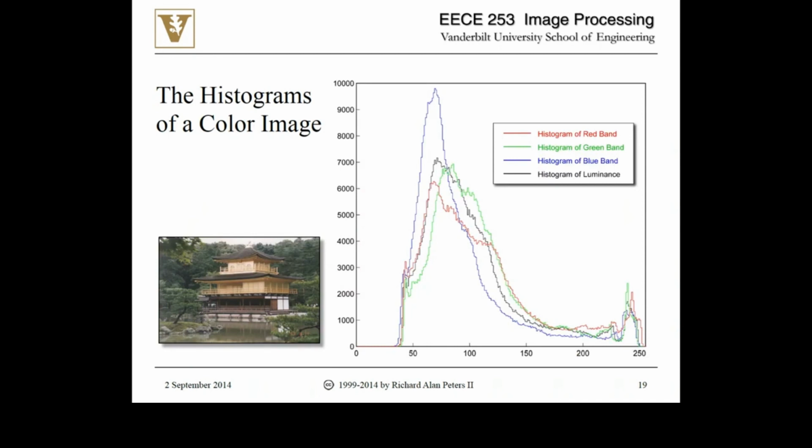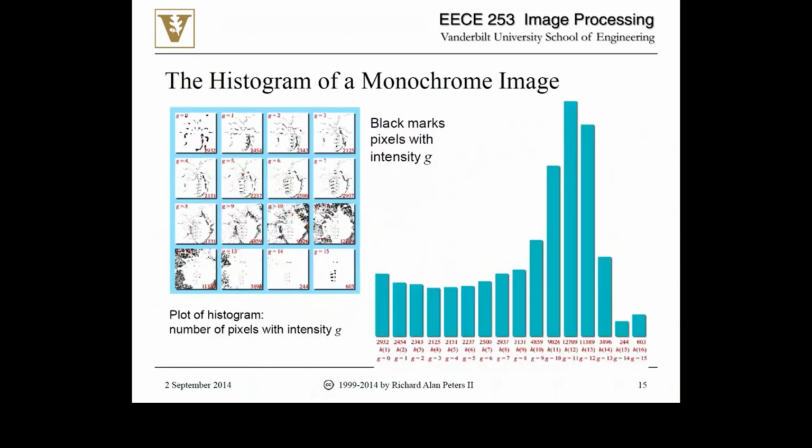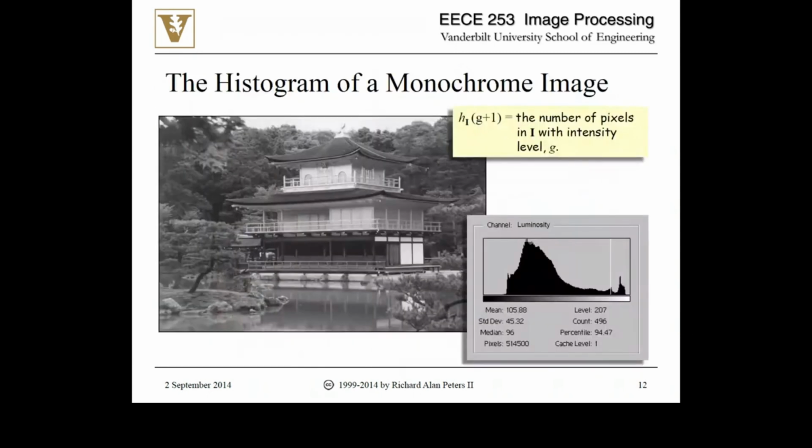Okay, then we have a color image now, and here we are representing the histograms of each one of the bands, and in black we are representing the histogram of something called the luminance. For the moment we don't know what it is, but we can understand that it is related to this gray image.